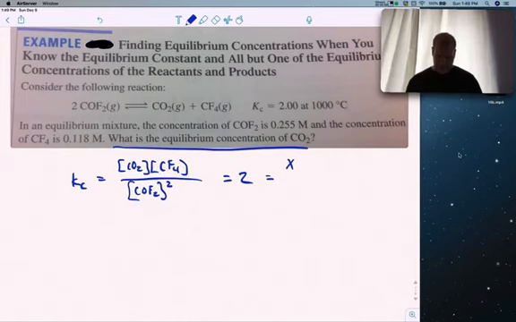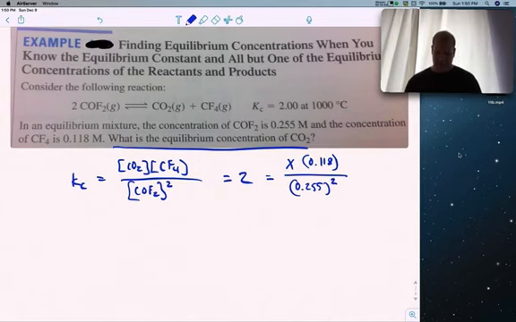We don't know the CO2, so I'm going to call that my x variable. We know that carbon tetrafluoride is 0.118, and we also know the fluorophosgene is 0.255 squared.